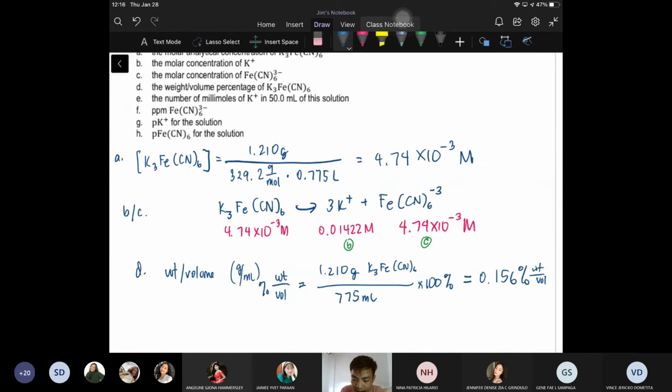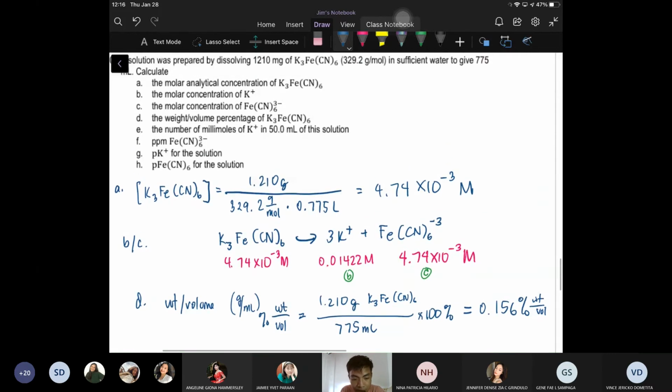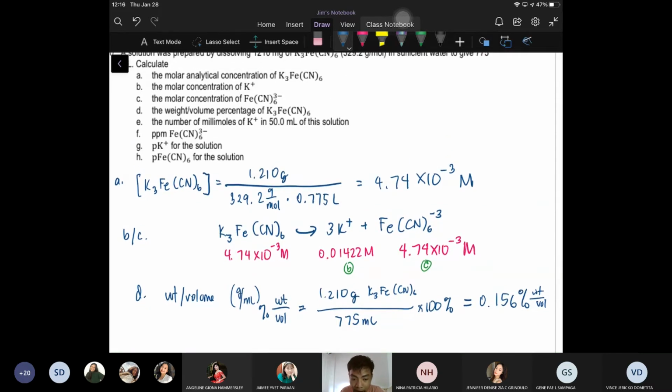Again, when it's weight per volume, usually that's grams per mL, just like density. However, since there is a percent, you multiply by 100%. So that is the answer to D.